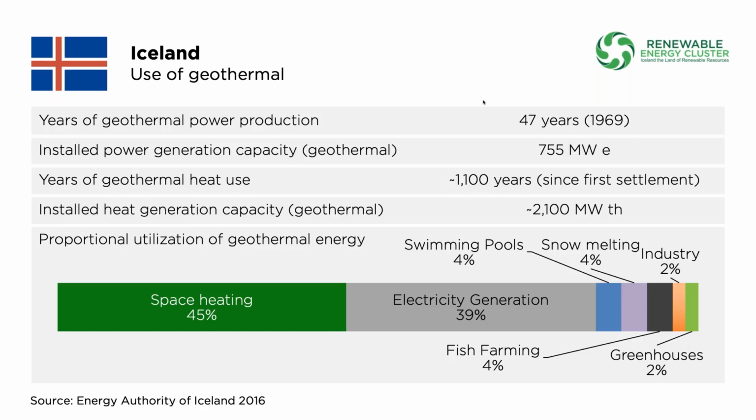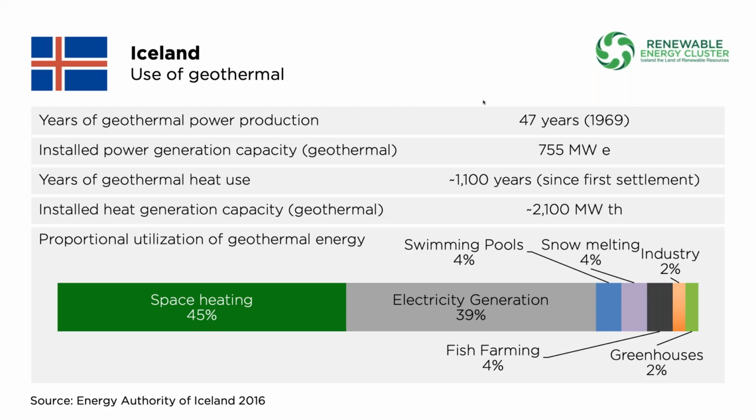And how are we using geothermal energy? As I said, we've been producing power since 1969 from geothermal. And the overall installed power generation capacity today is around 755 megawatts electric. Historically, when Iceland was discovered by the Vikings, around 870, they immediately recognized the hot springs of the country.